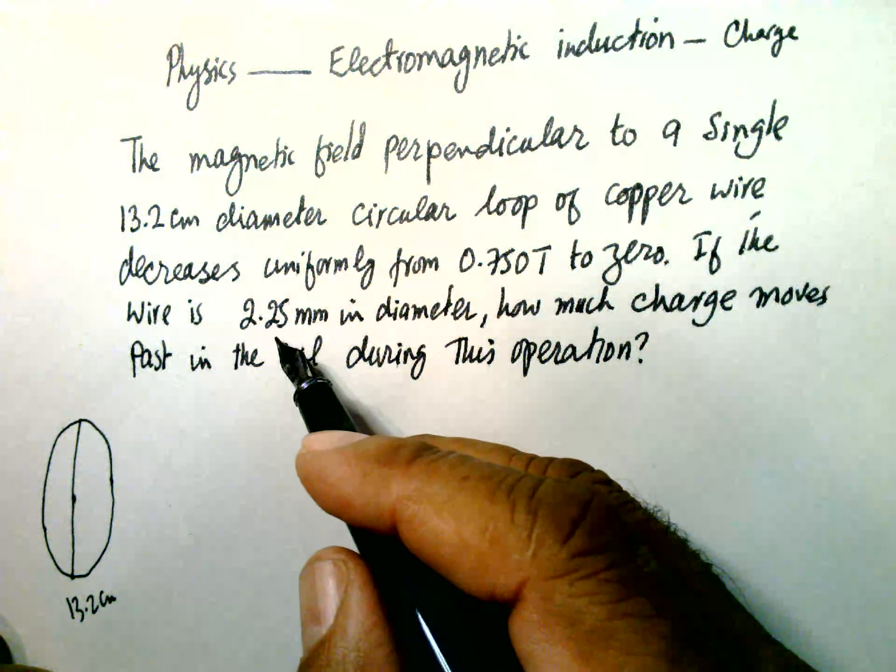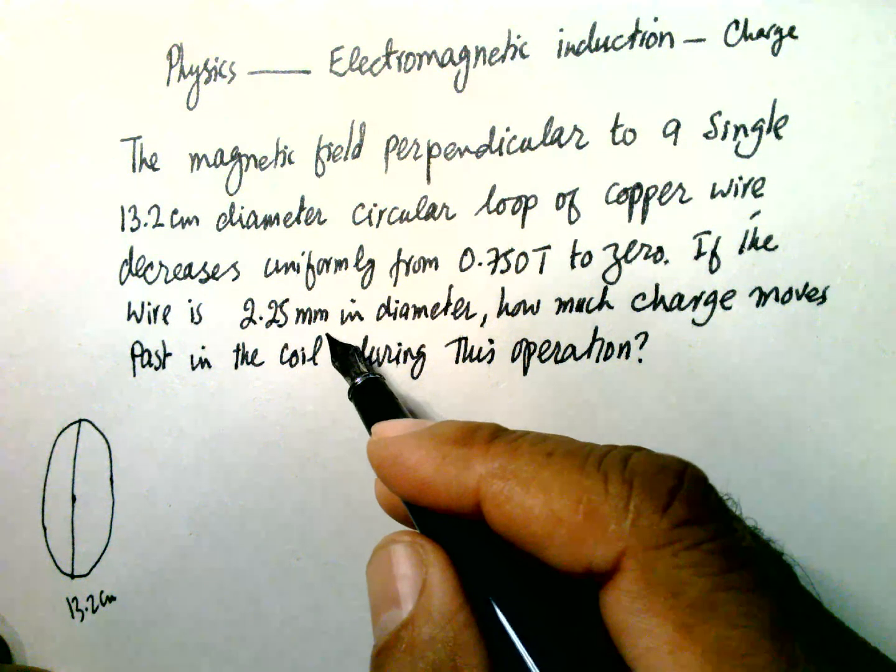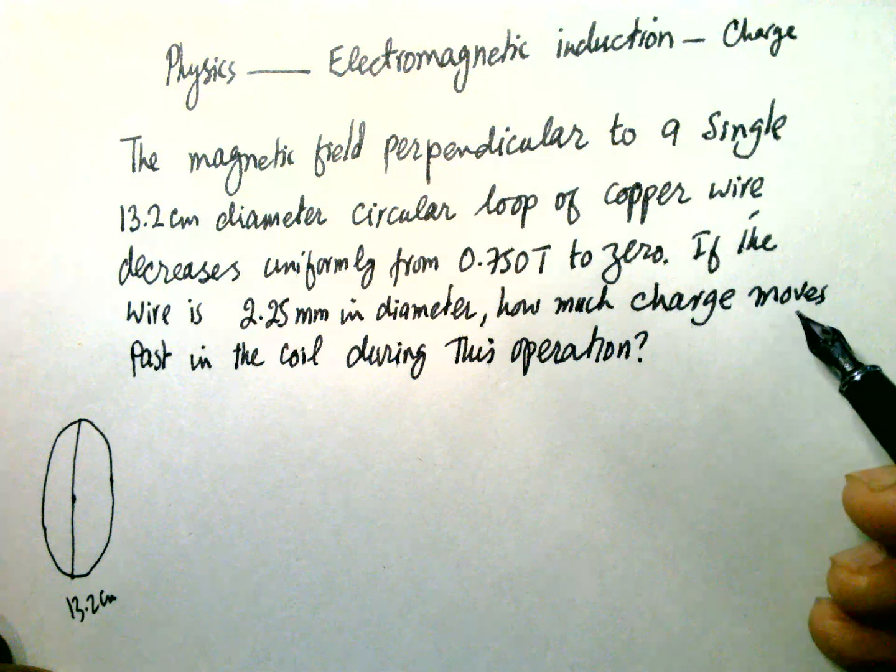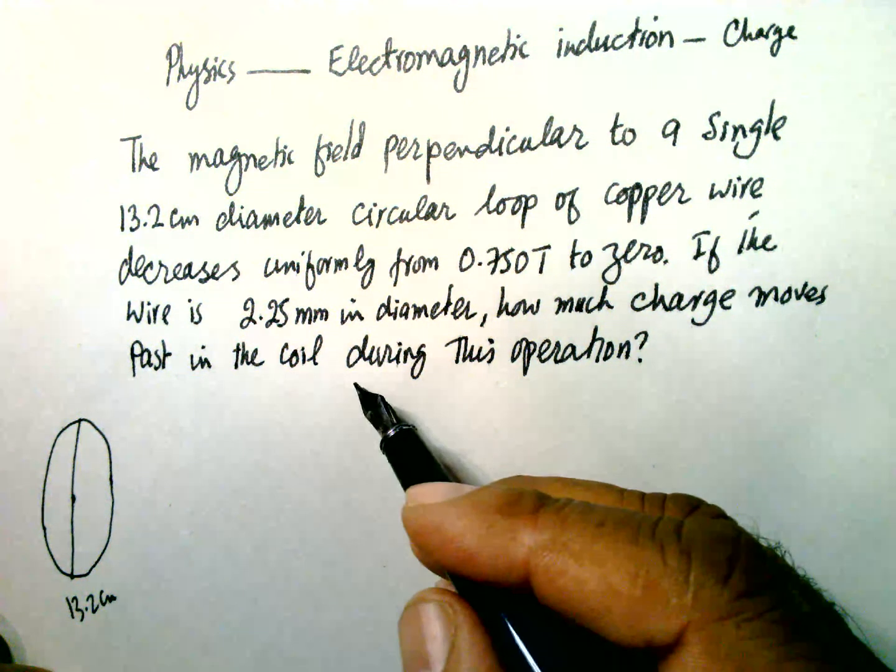If the wire is 2.25 millimeter in diameter, how much charge moves past in the coil during this operation?